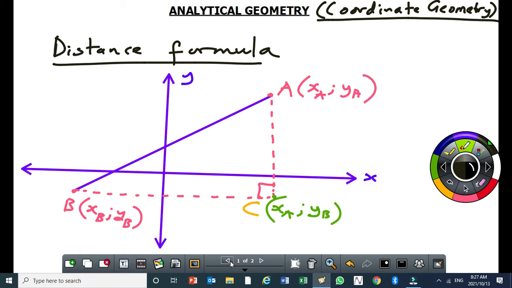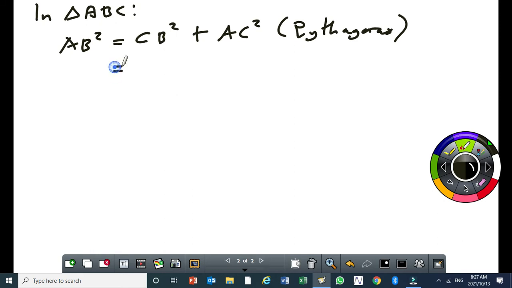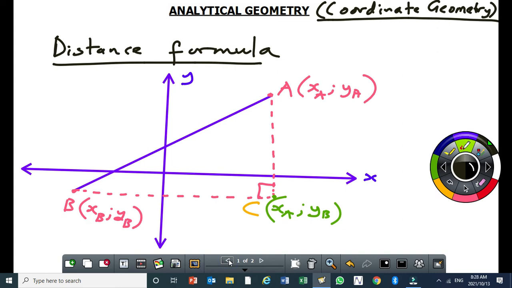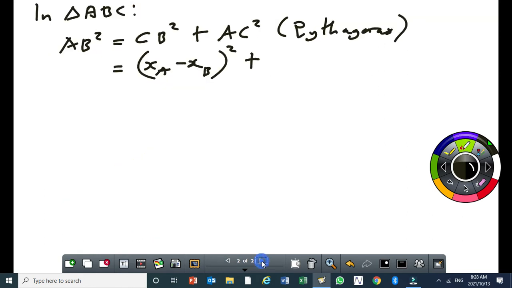So the length of CB, okay, in terms of x, it will be equal to XA minus XB. Okay? So we can write this as XA minus XB squared plus the length of AC, it's a vertical distance, so it will be Y maximum minus what? Y minimum. The Y max is YA, the Y minimum is YB. So this will be YA minus YB squared.